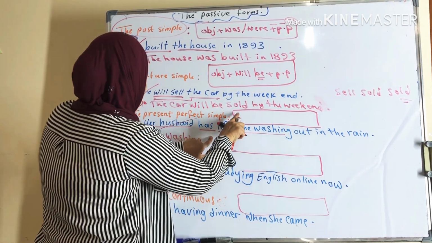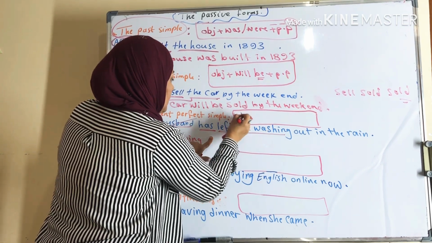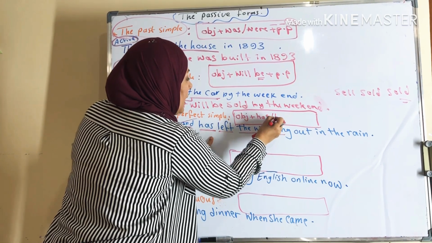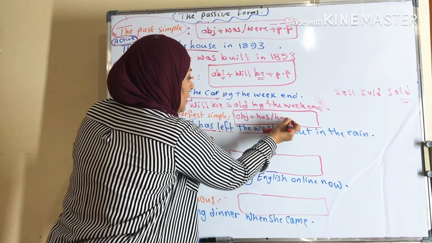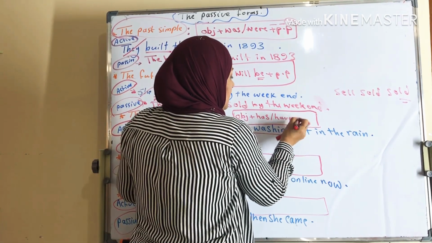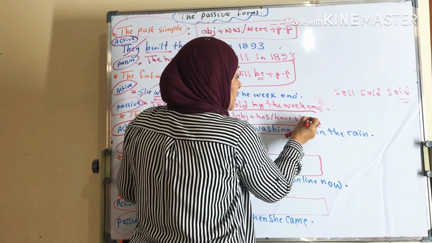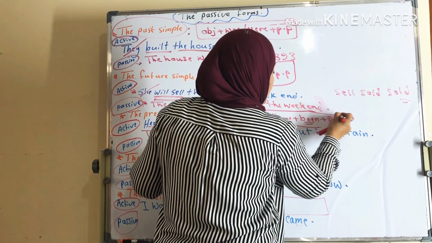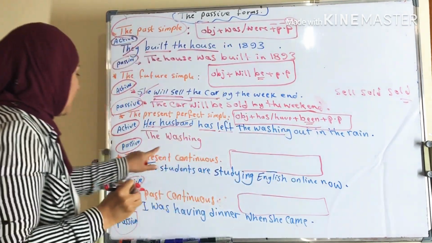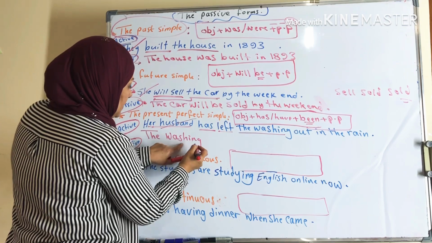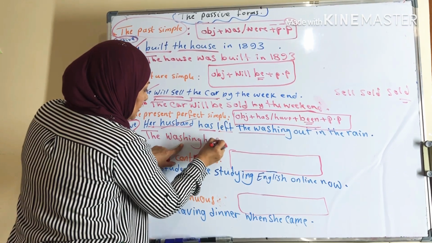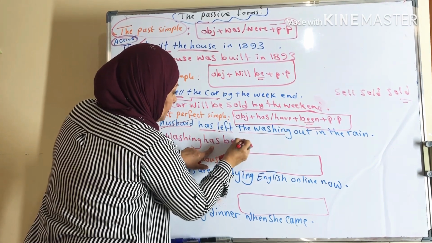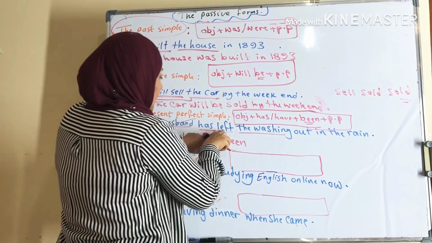First of all, we have to make the form object plus has or have for singular and for plural plus been, we have been, and past, again past participle. The washing, again this is a singular, has been left.